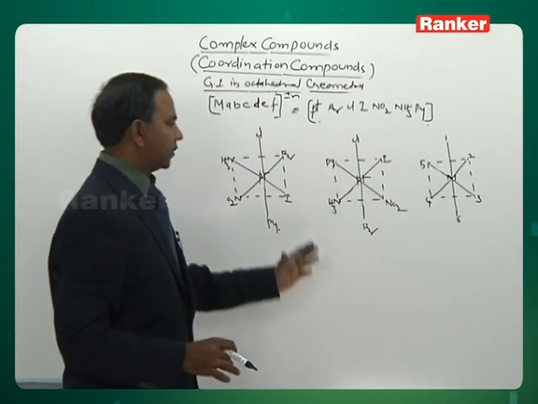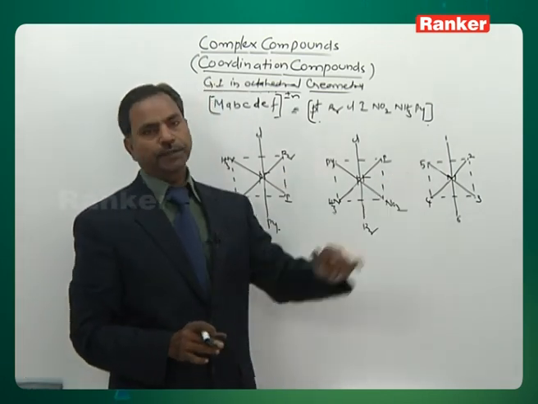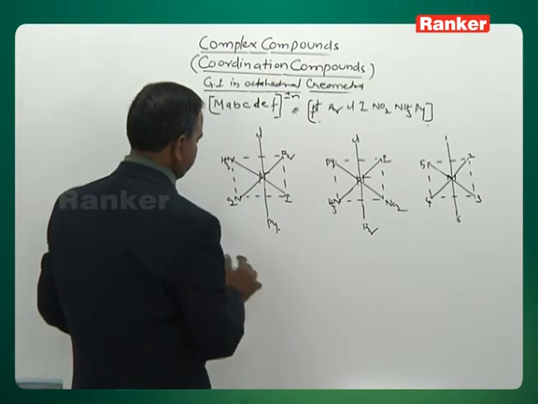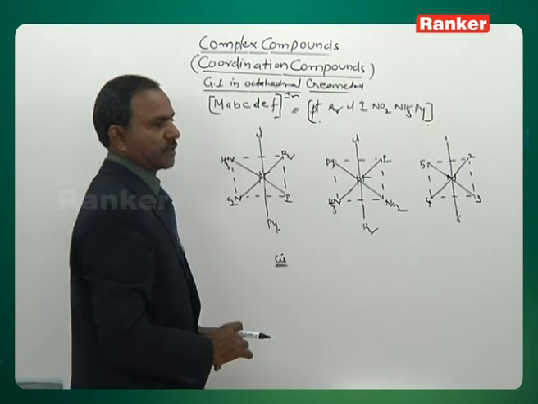These are the positions on octahedral geometry: 6 ligands, 6 positions. Now, the possible cis isomers.